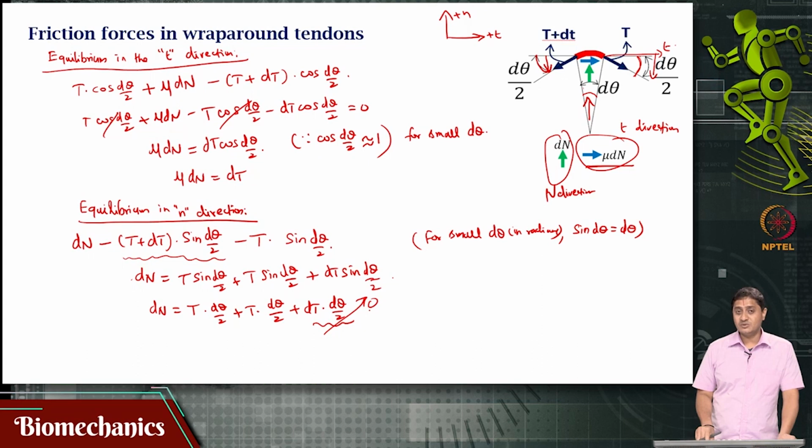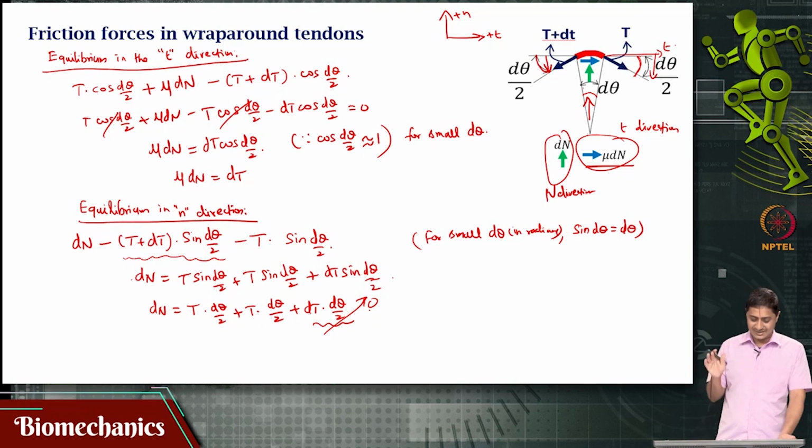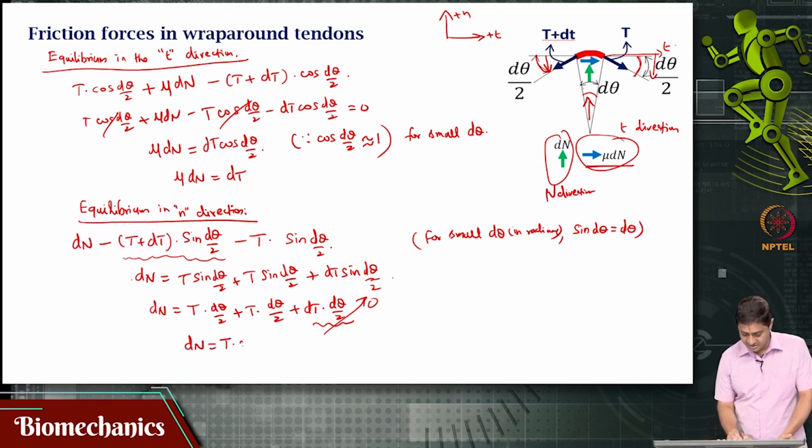So, I am neglecting the product of second order differentials from the analysis. The sum of t d theta by 2 and t d theta by 2 will give me t d theta. So, that would be dn is equal to t times d theta.